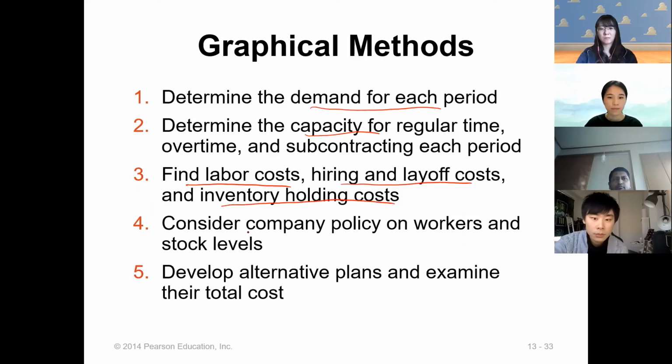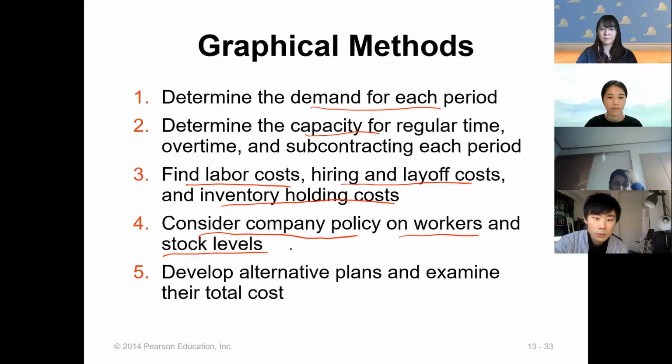And at the same time, you need to decide what policy can be used with regard to the workers and the stock levels. Do you want to keep stocks? If you want to keep stock, what is the level? Okay, how much are you willing to maintain the stock level?